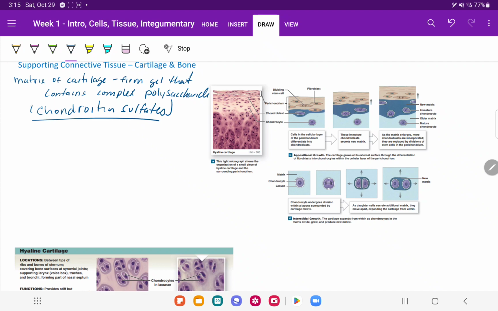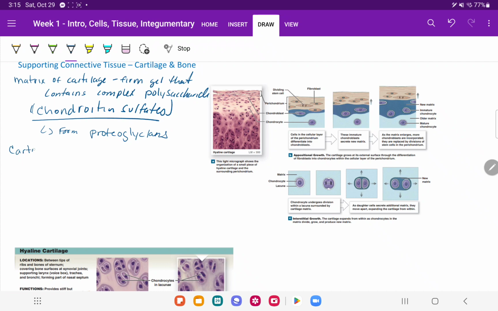These sulfates form complexes with other proteins that form proteoglycans.